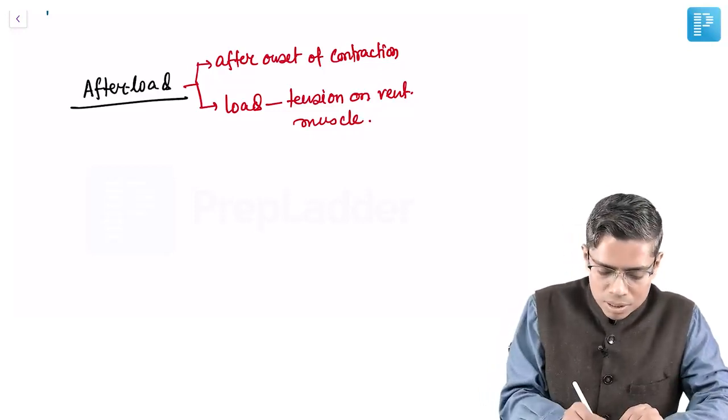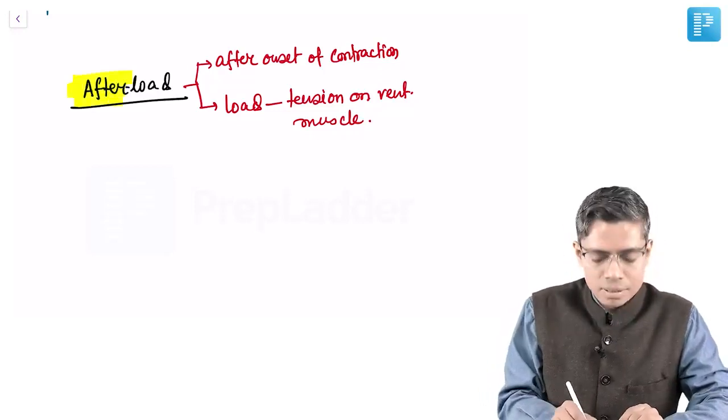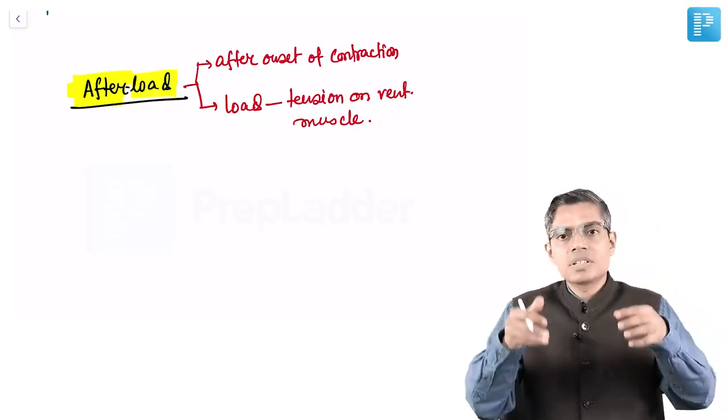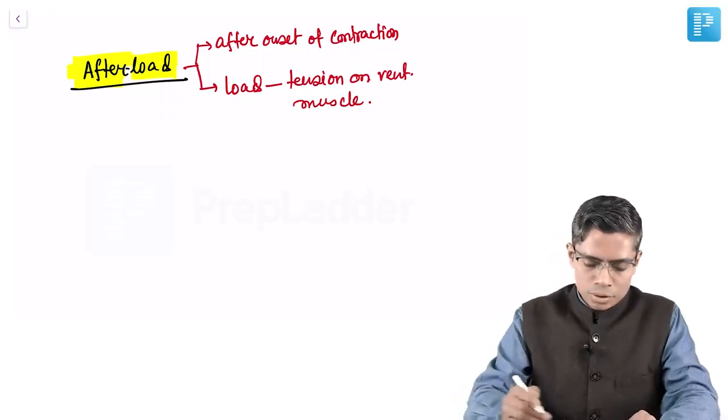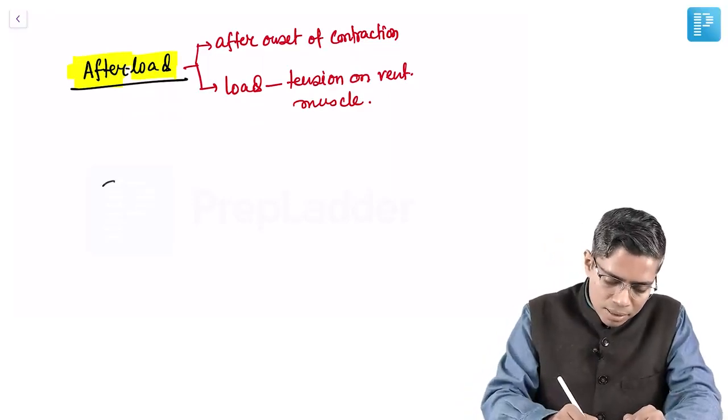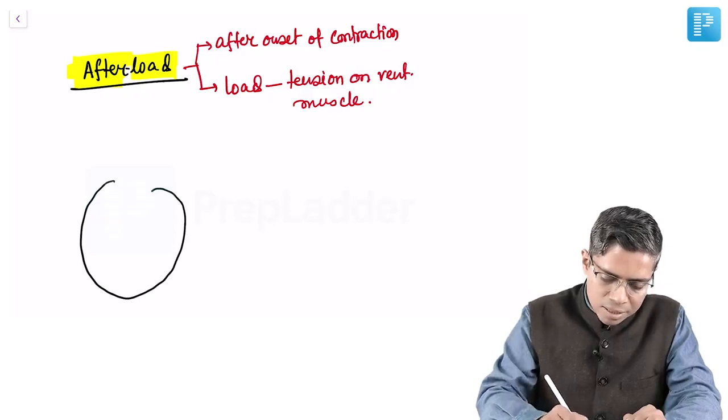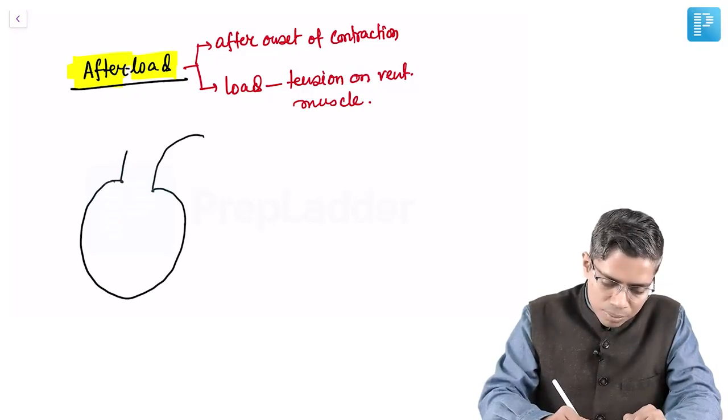So after the onset of contraction, the load or tension which is developed at the ventricular muscle is known as afterload. So now my question is, why will the ventricular muscle get tension during this afterload period?